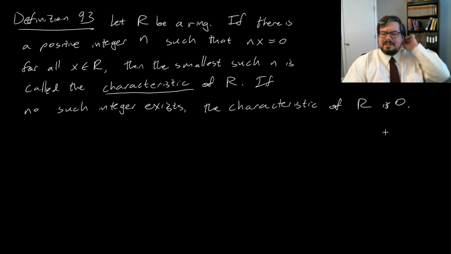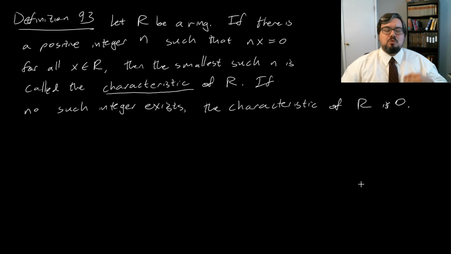Now, this can seem a little strange. Why would we call it 0? We'll see in a few more lectures why this makes sense. It can also make some sense to describe the characteristic as being infinite in such a case, but the definition of characteristic has it this way.